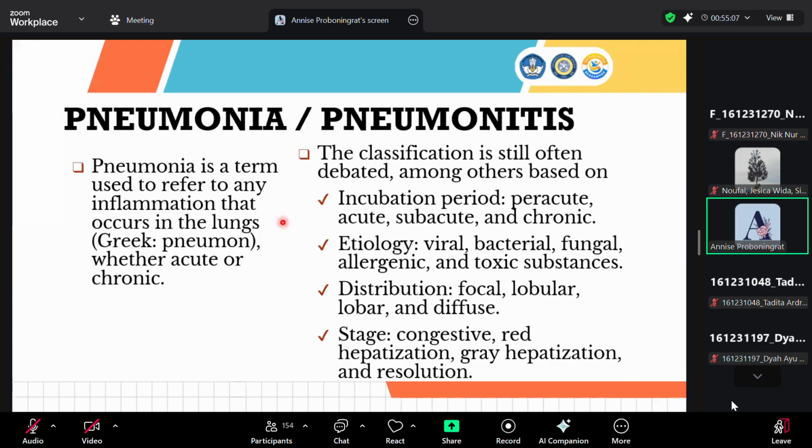And then pneumonia or pneumonitis is a term used to refer to any inflammation that occurs in the lung, whether it's acute or chronic. The classification is based on the incubation period, etiology, distribution, and the stage.